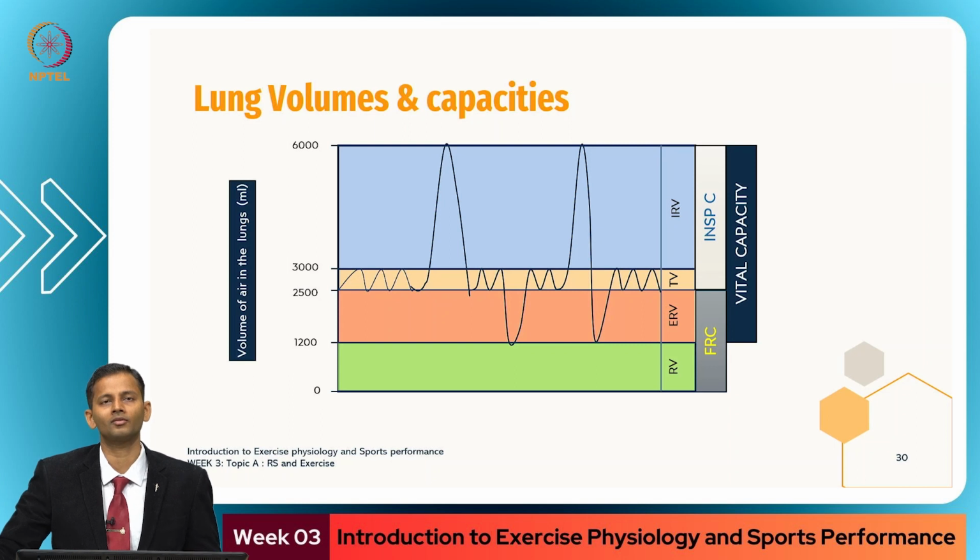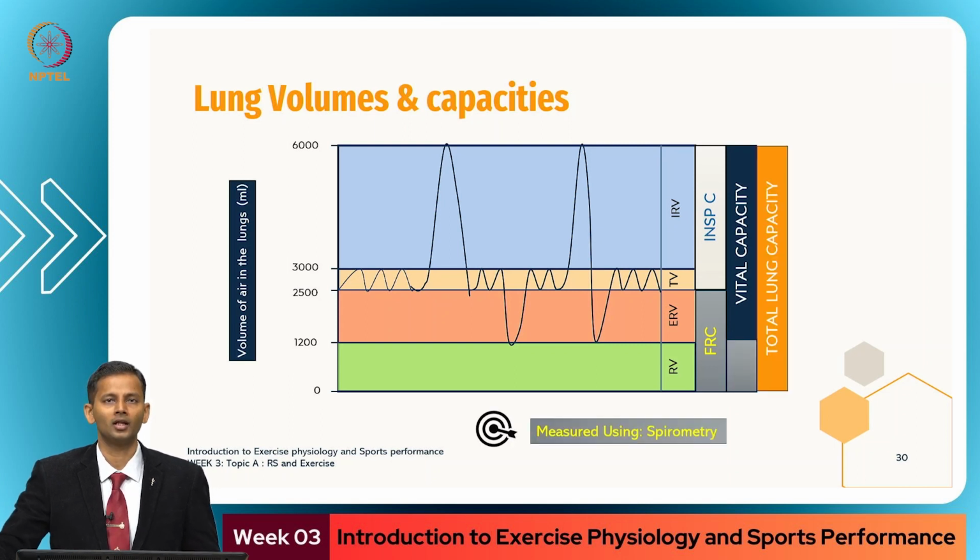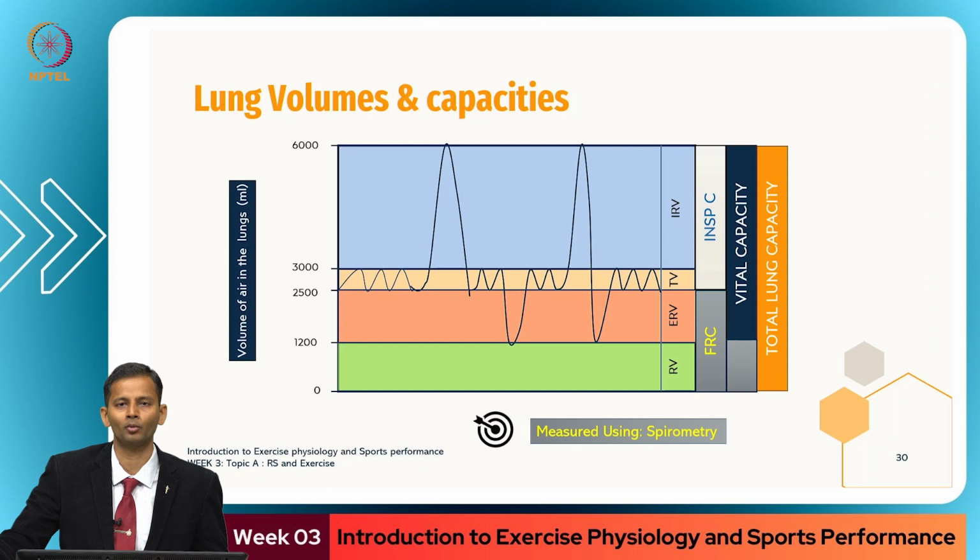Together it is the total lung capacity, which constitutes about 6 liters. So here we have taken an example of 6 liters and tried to analyze them into different static and dynamic volumes. The measurement of these volumes is done by a pulmonary function test using a spirometer. The process is called spirometry.